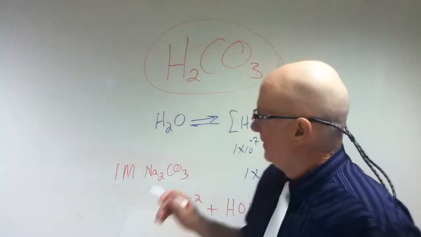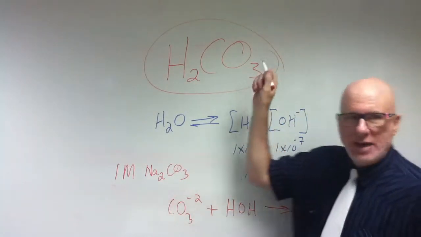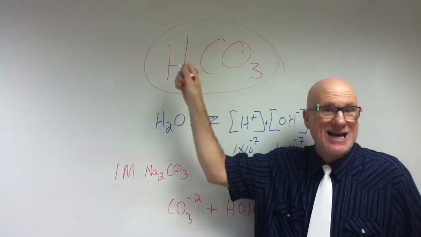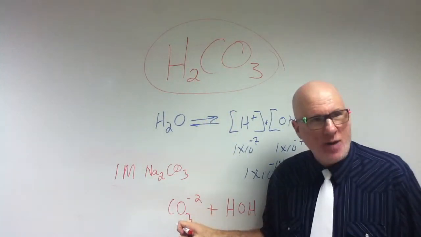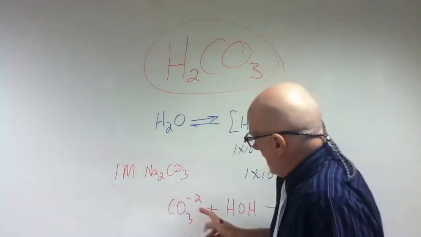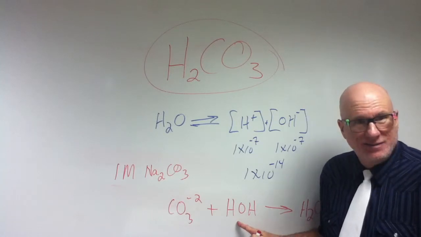Okay, so if carbonic acid is a weak acid, it likes being that weak acid, correct? So it likes the hydrogen. So if you have carbonate without the hydrogen, what's it going to do? It's going to take hydrogen from there, isn't it? Right?